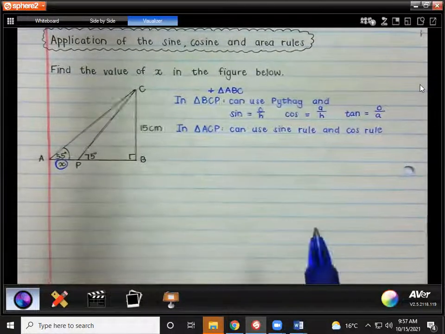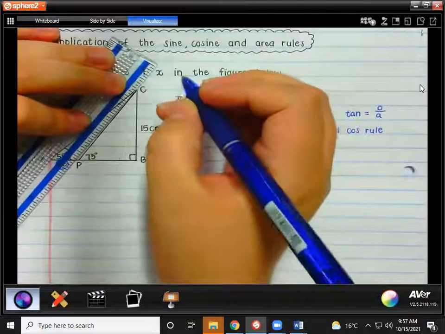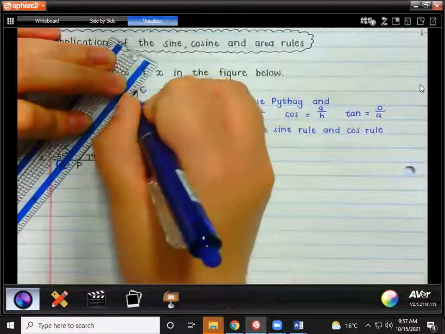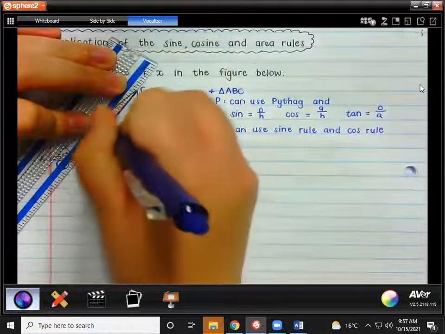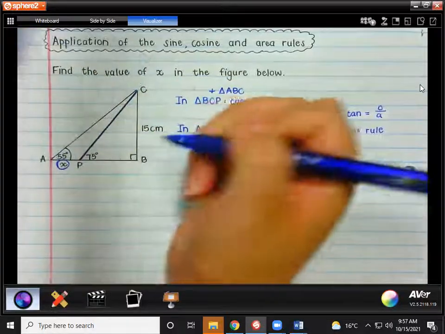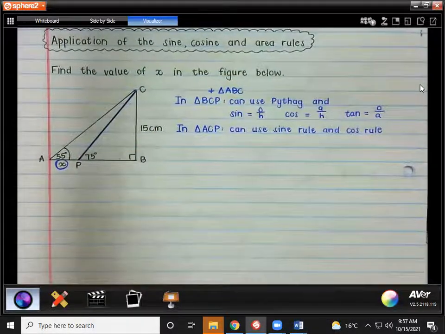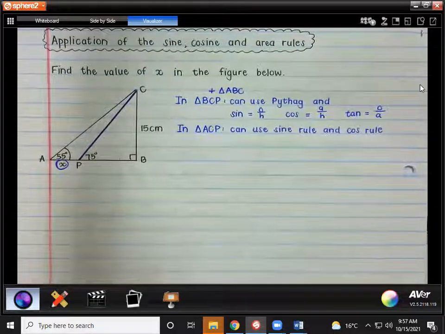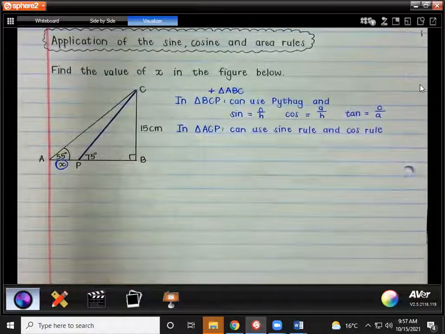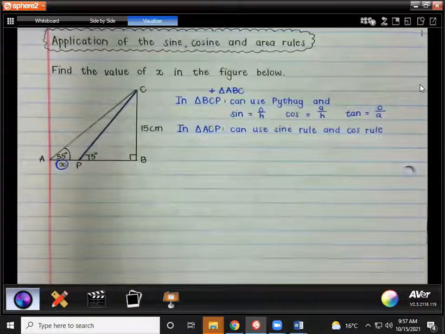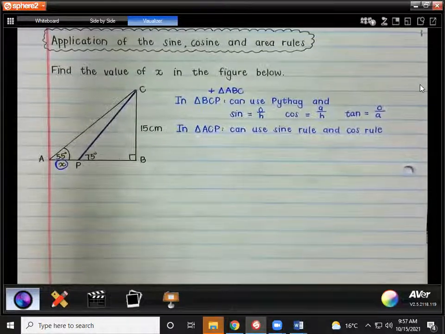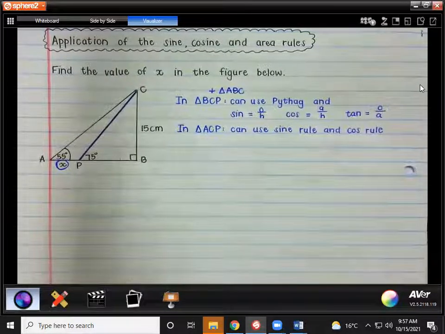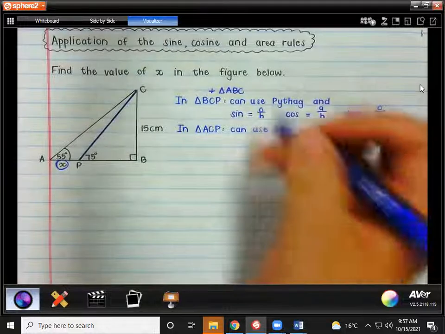Now guys, something that I want you to highlight here or color in is side PC, CP. That is the common side between the two triangles. And that is 99.9% of the time the key to solving this question. If you find the common side, you will then most of the time be able to just solve the question from there.